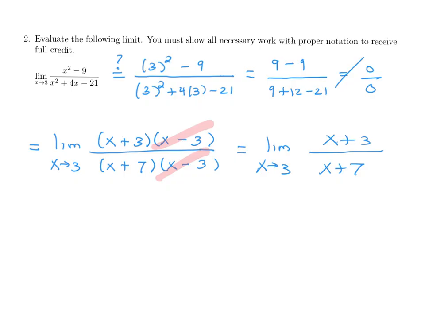And the answer is yes. By putting 3 in place of this x, we will not be dividing by 0. So by evaluating this limit, this is 3 plus 3 divided by 3 plus 7, which is 6 divided by 10. And if you cancel the common factor of 2, that is 3/5. So the final answer for this limit is that it does exist, and it's equal to 3/5 when simplified.